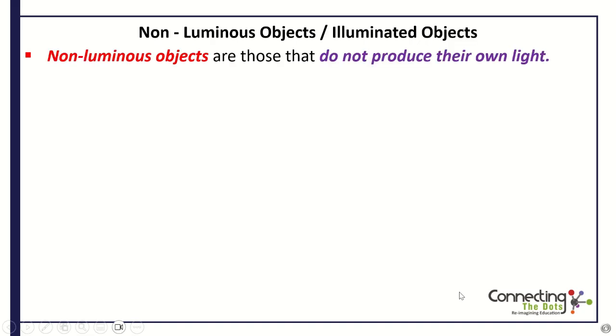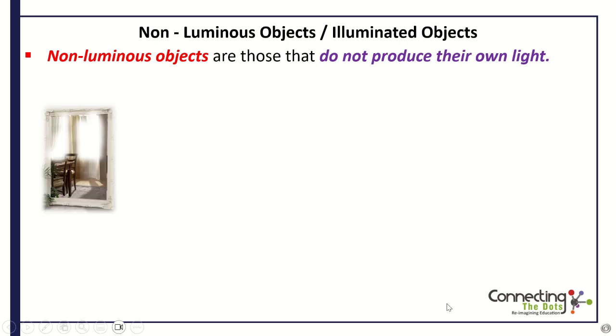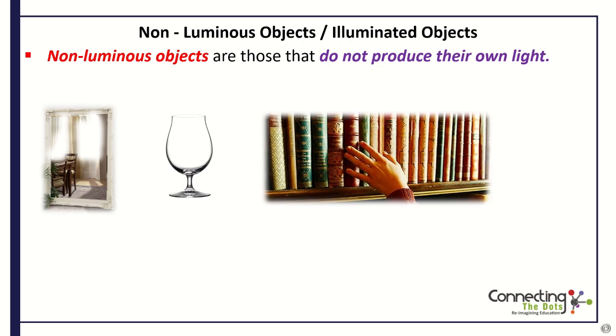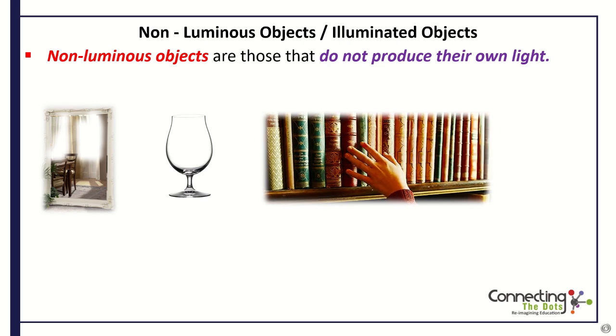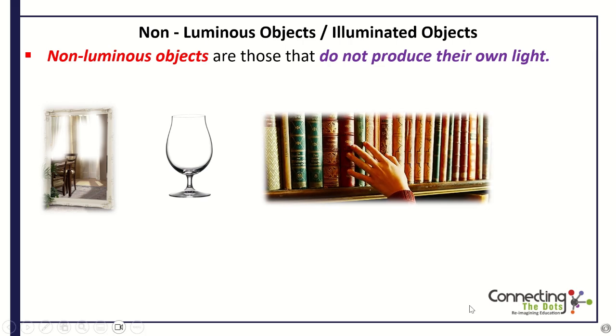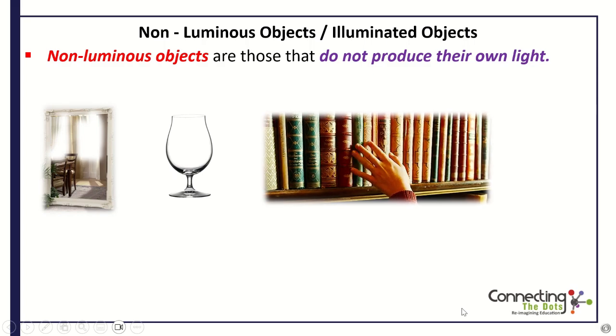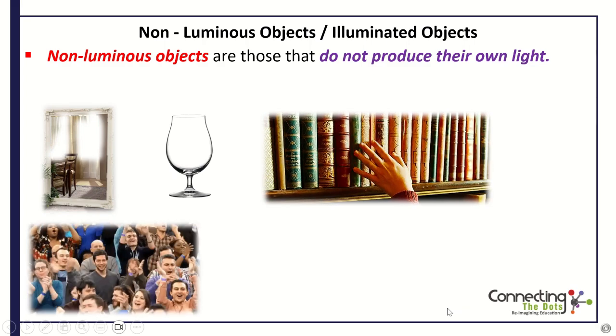Now, let's understand what non-luminous or illuminated objects are. Non-luminous objects are those objects which do not produce their own light. For example, tables, chairs, glass, books that we see, they do not have their own light, but they reflect the light from the luminous source of light.